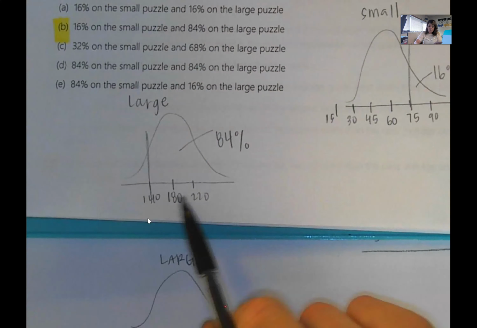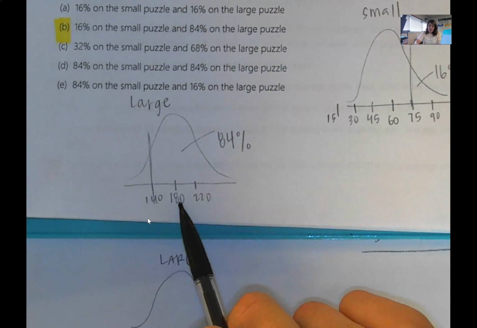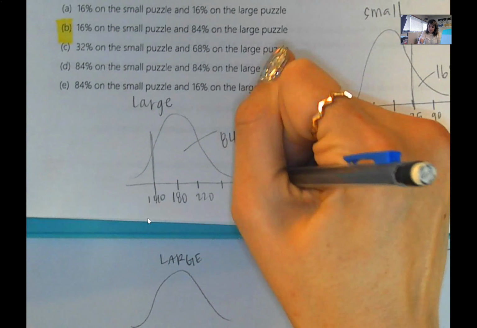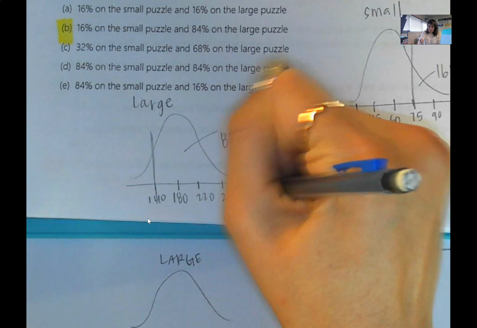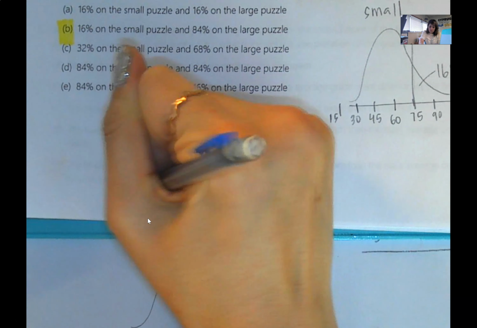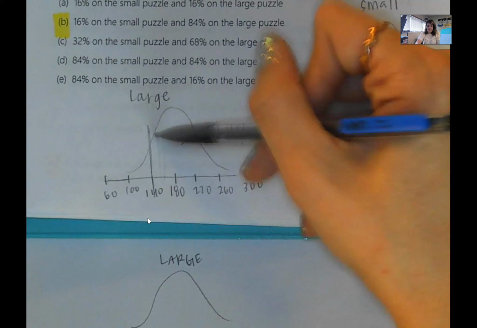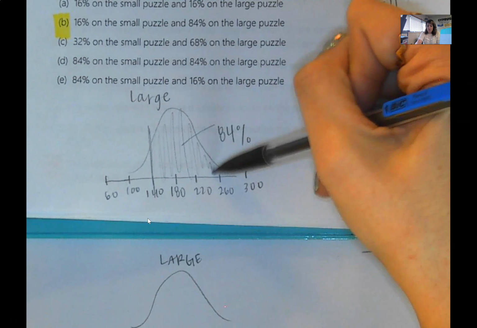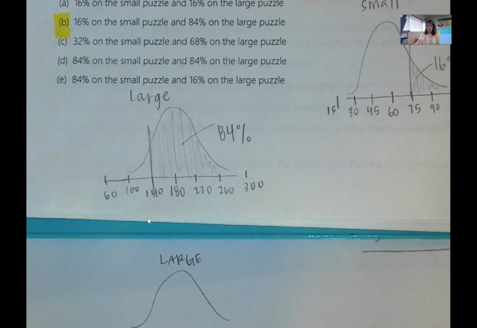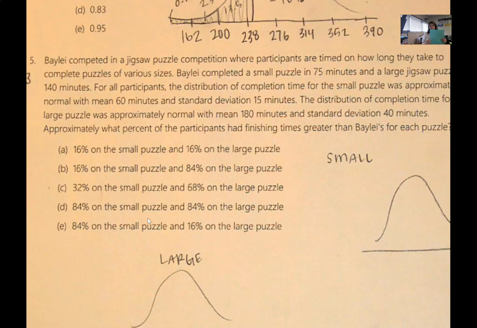And then on the large one, we have a mean of 180 and a standard deviation of 220. So if I have all of my things marked, I can see that the amount of people that took longer than her was 84. So this answer is B as in boy.